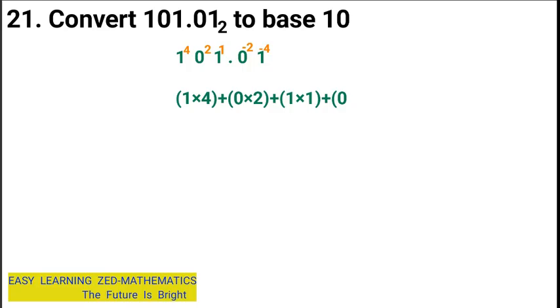So multiplied by 1 over 2. This will also happen to the negative sign, which is 4. So I'm going to multiply plus then 1 multiplied by 1 over 4.